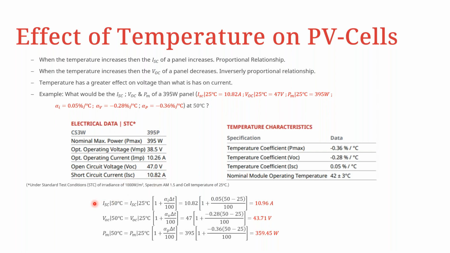If we wanted to calculate the current at 50 degrees centigrade, we know that at 25 degrees centigrade the current is 10.82 amps.